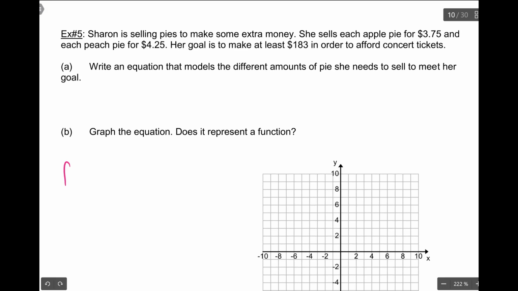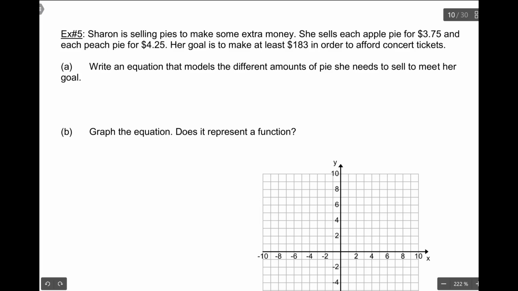And lastly, Sharon is selling pies to make some extra money. She sells each apple pie for $3.75 and each peach pie for $4.25. Her goal is to make at least $183 in order to afford concert tickets. So write an equation that models the different amounts of pie she needs to meet her goal.